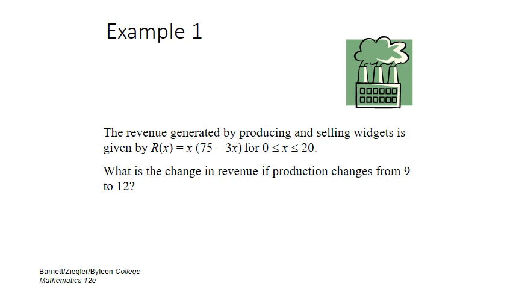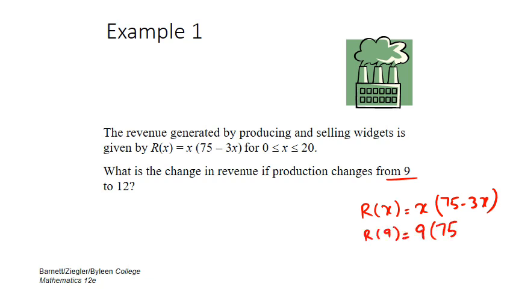For example, if you produce something and your revenue function is x times 75 minus 3x, when you produce 9 gadgets, your revenue will be 9 times 75 minus 3x.